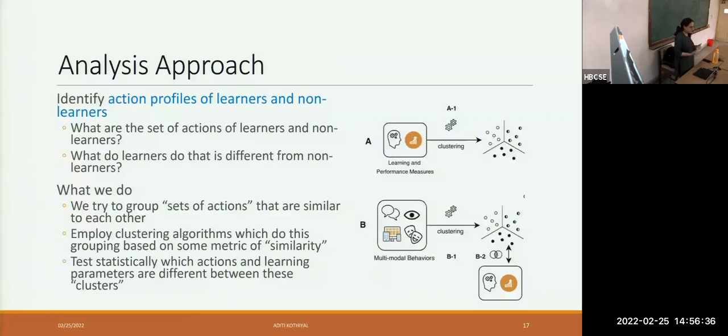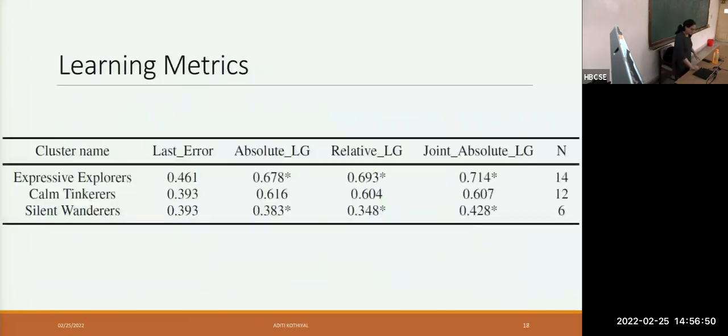Then we look at these people who are grouped together, and we see what their learning and performance was. And what we find is that in the three groups, which we named expressive explorers, calm tinkerers, and silent wanderers, which I will explain in the next slide, there are significant differences in learning, not between all three groups, but between the third group and the first two groups.